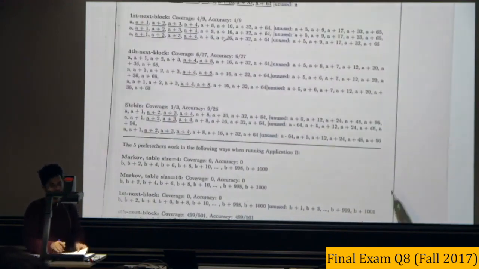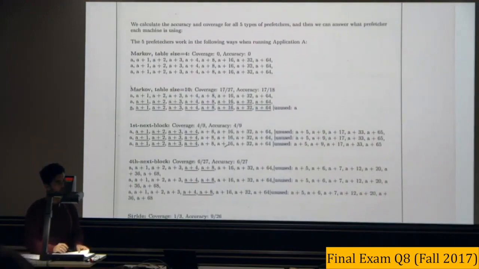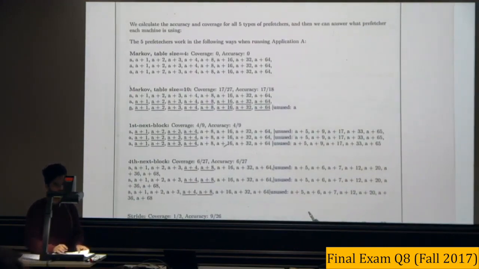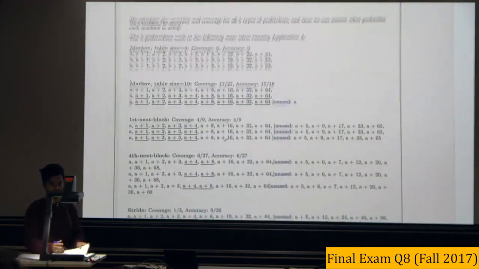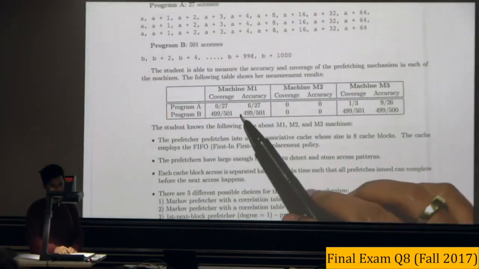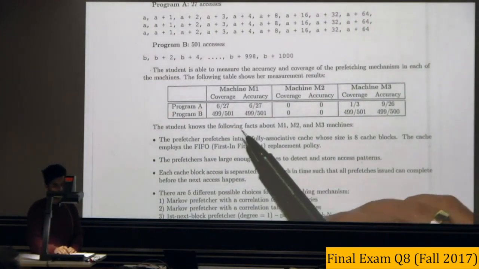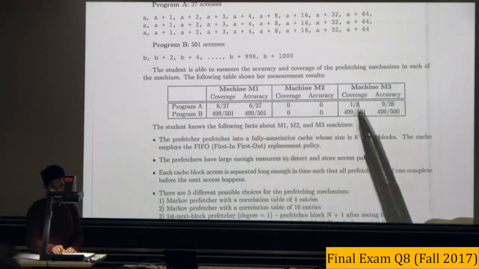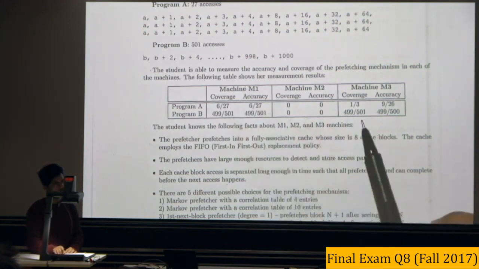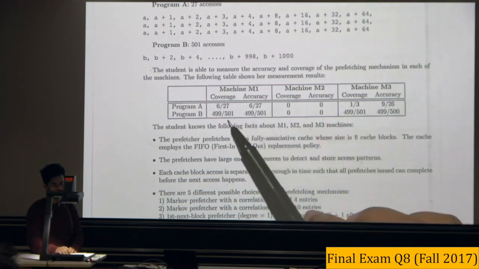So now, once you have done this exhaustive calculation for all of these workloads and the prefetches, you just tally up with these guys. Which one of them actually matches, right? So program B for machine 1 and machine 3 is almost the same thing. So you know that either it can be the next plus 4 or the stride prefetcher.